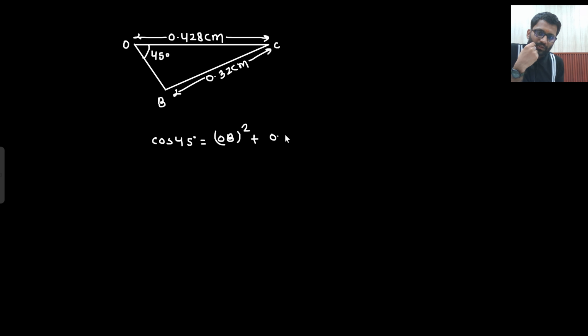What will be your OB distance? Can I find it out? Certainly I can find it out. How? Cos 45 degree will be equal to, you need to write, OB square plus 0.428 square minus 0.32 square, divided by 2.